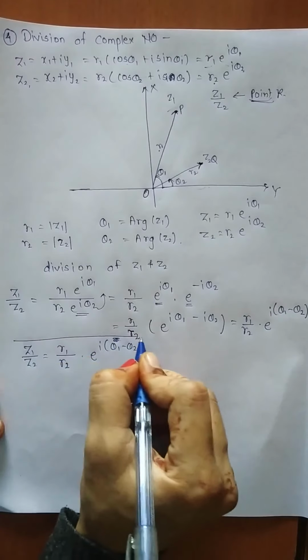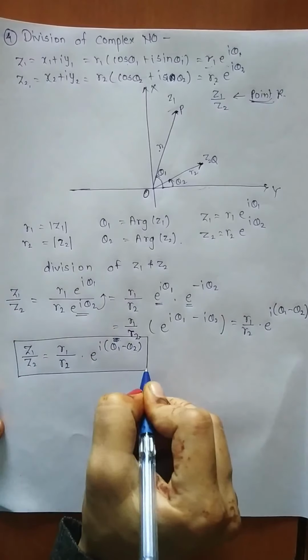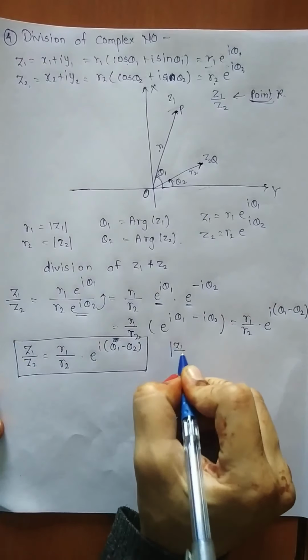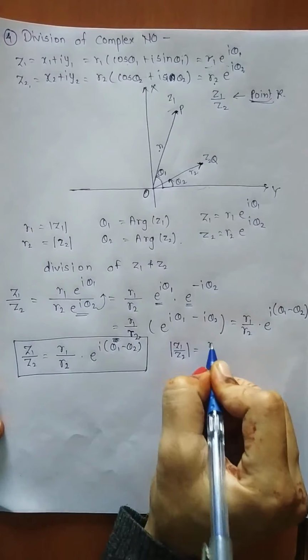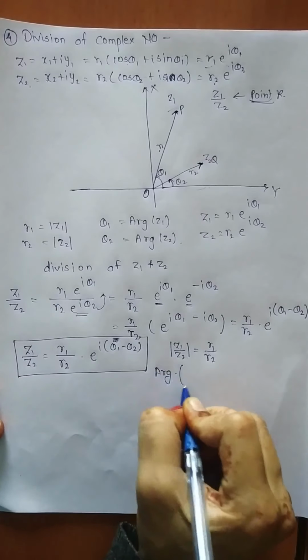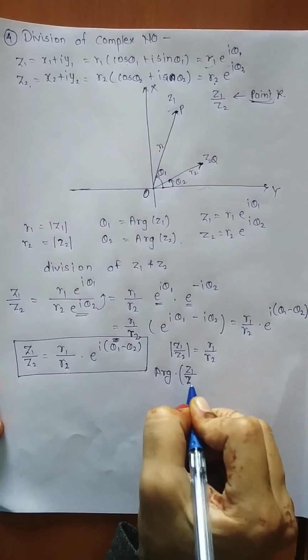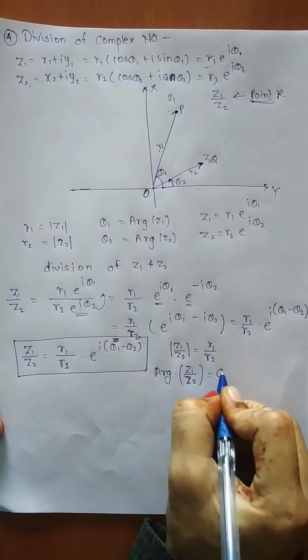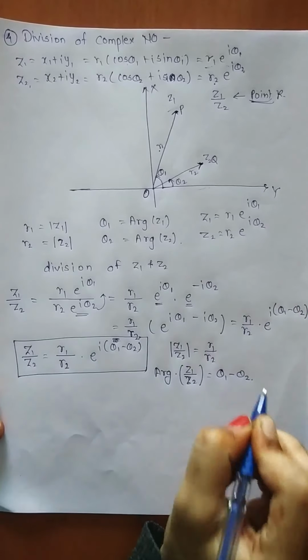What does this imply? This implies that the magnitude of z1 upon z2 is r1 upon r2 and the argument of z1 upon z2 is nothing but theta 1 minus theta 2, right?